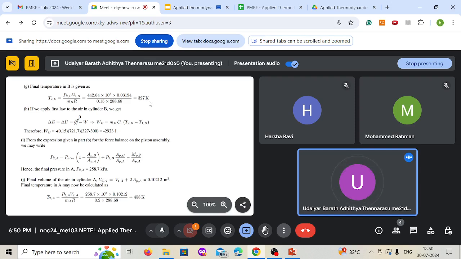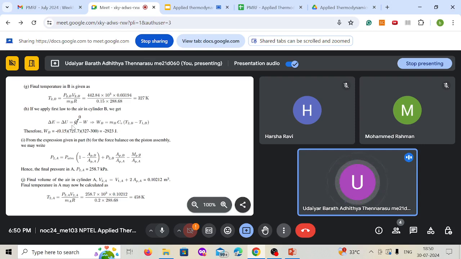So now if we apply the first law to cylinder B, we will get the change in internal energy is Q minus W. Since cylinder B is insulated, there will be no heat transfer.